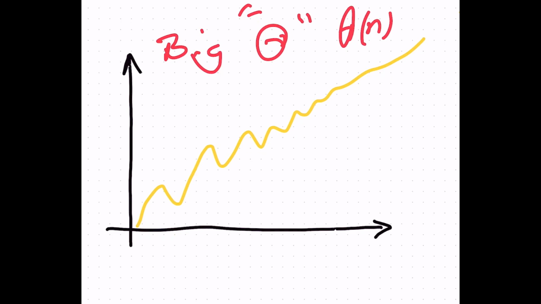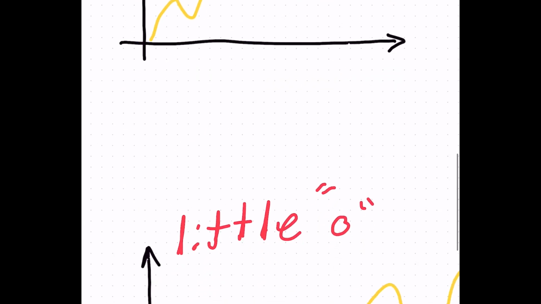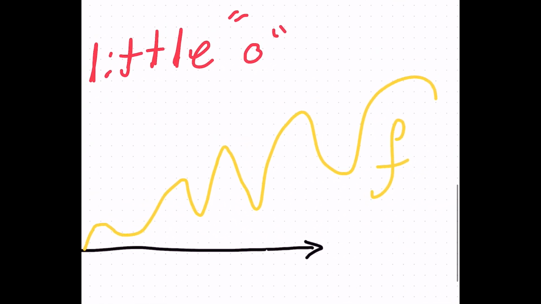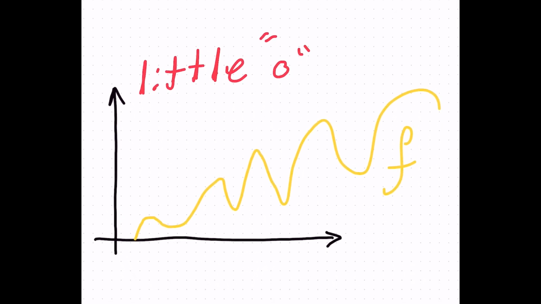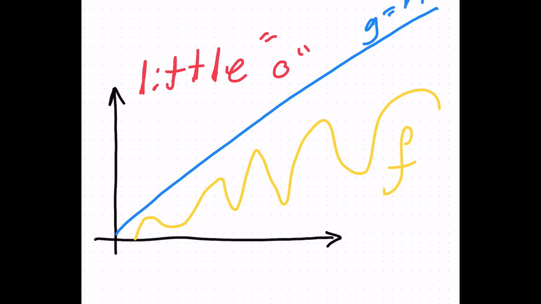Now there are two other terms that are often confusing for some students. Little o and little omega. So if we look at little o, and let's say that we have this complex running time for the algorithm f. And let's say that we have this bound. It's not a strict bound. So we know that somehow mathematically that f will not go as bad as n, as linear time.